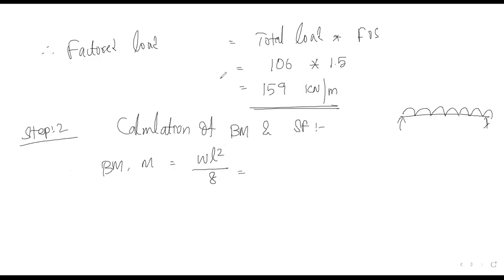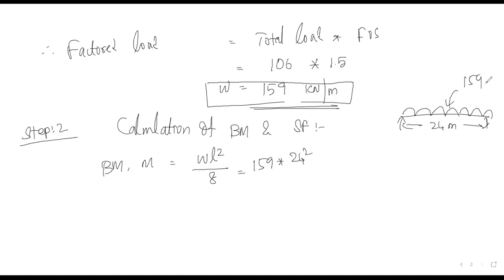Here W is 159 kilonewton per meter, so 159 into 24 squared divided by 8. So it becomes 11,448 kilonewton meter.